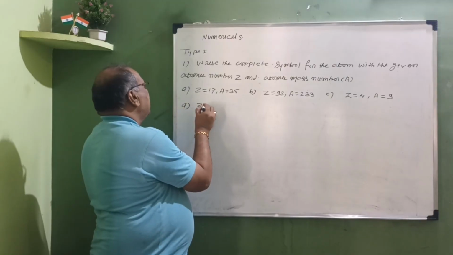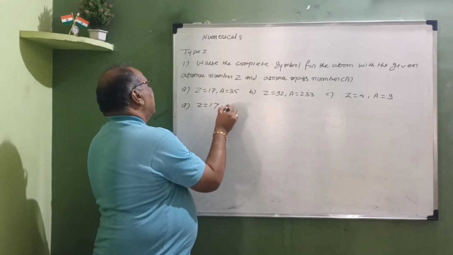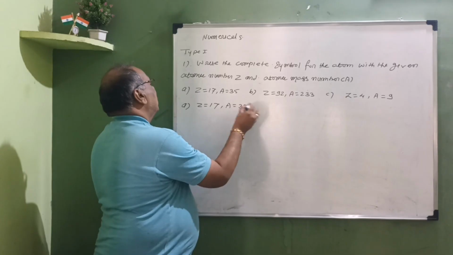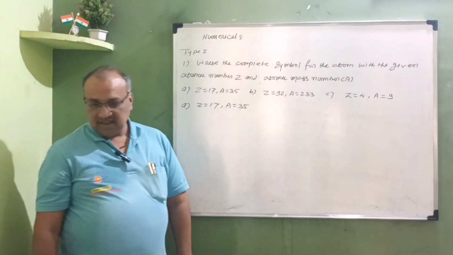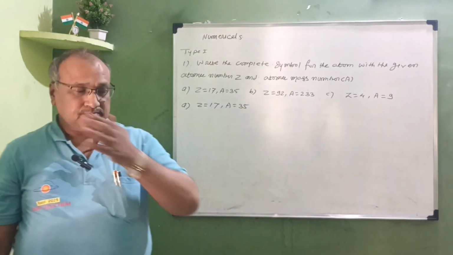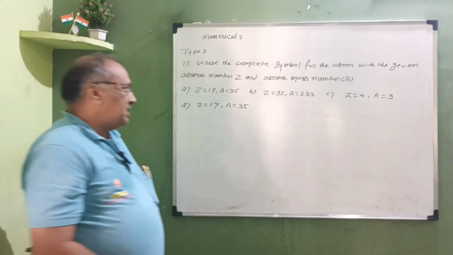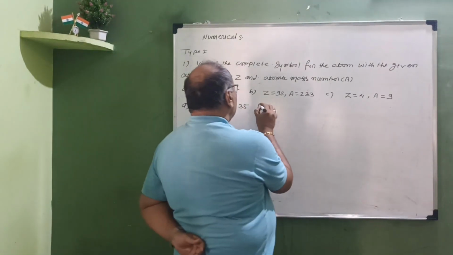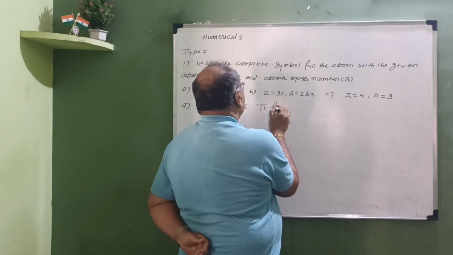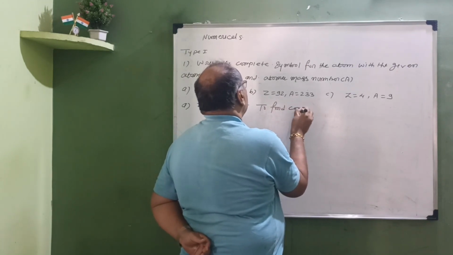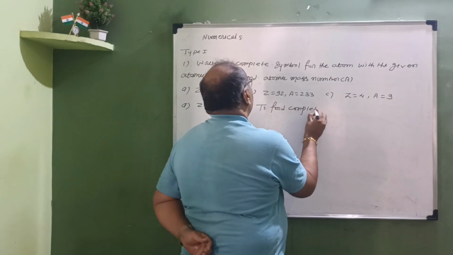Now here first write down the first numerical, that is Z is equal to 17 and A is equal to 35. Here write down the aim: to find complete symbol.